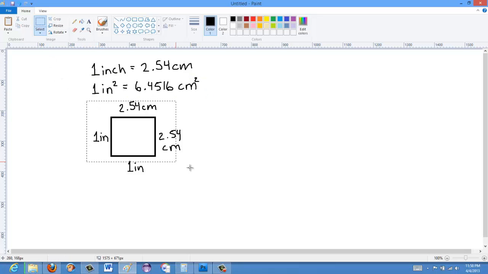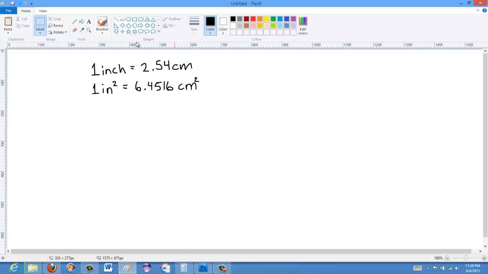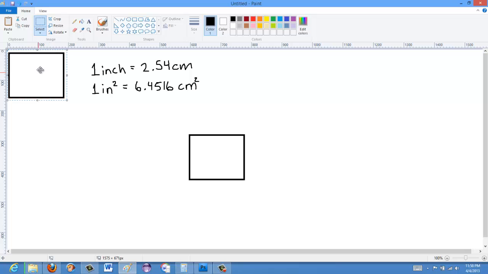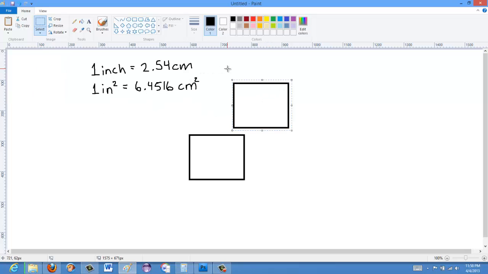So let's just get rid of this, and let's go for a cubic rate as well at the same time. For a cubic rate, you just do the exact same thing. You just draw a cube, or let's just assume this is a cube, even though it's not, just so I don't have to actually draw a real cube.